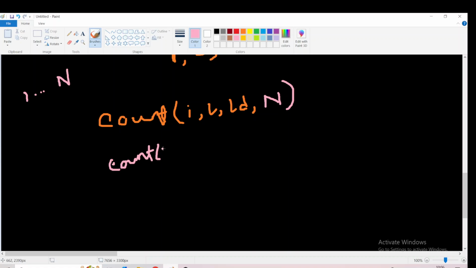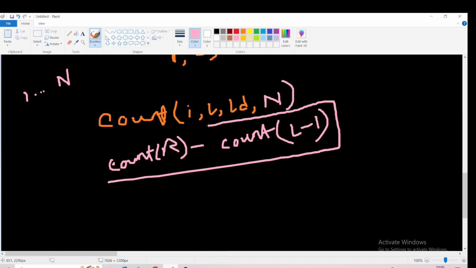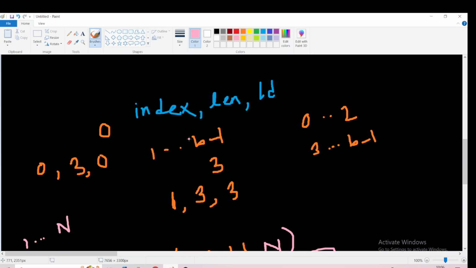For any digit DP problem, we use this formula: we find all the numbers from 1 to r, then subtract all the numbers from 1 to n minus 1, and the difference is our desired answer.